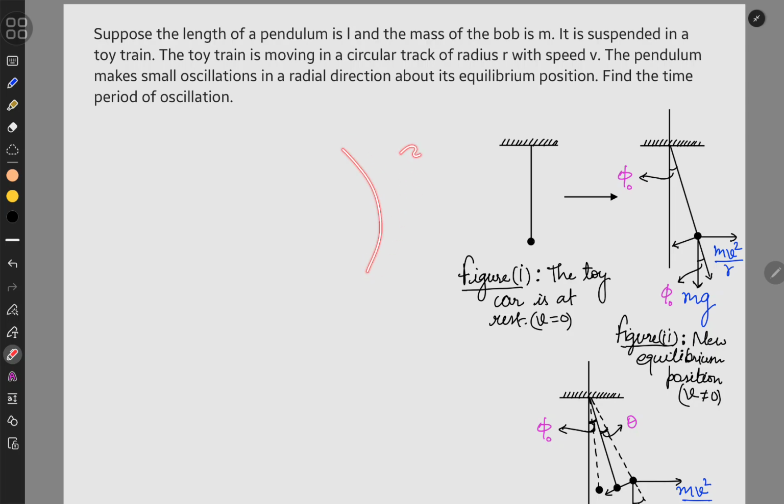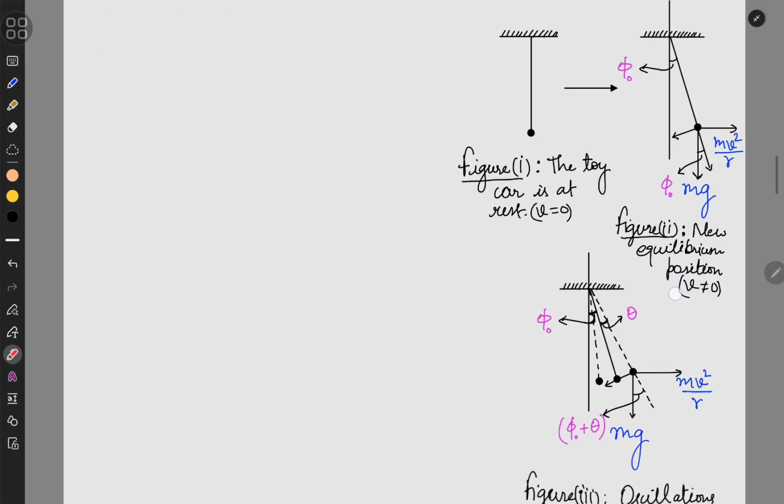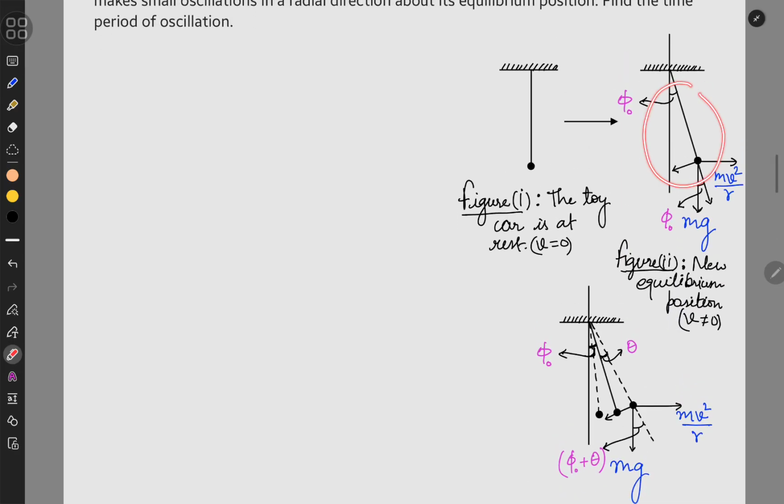So let's say this was a track, then it will move slightly in the outward direction, in this direction, away from this vertical that was the initial equilibrium position. So it will be like this, as you can see. Now this will be its new equilibrium position, and the oscillations of the pendulum will take place about this new equilibrium position.